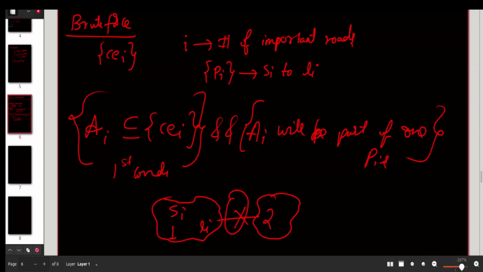What is the other condition? A_i should also be part of one of the paths that takes you from SI to LI, which means LI should be in the other component. Only in that case can you conclude that this road is an important road. Once we get the CEs from Tarjan's algorithm, for each merchant we have to find the number of such A_i's.